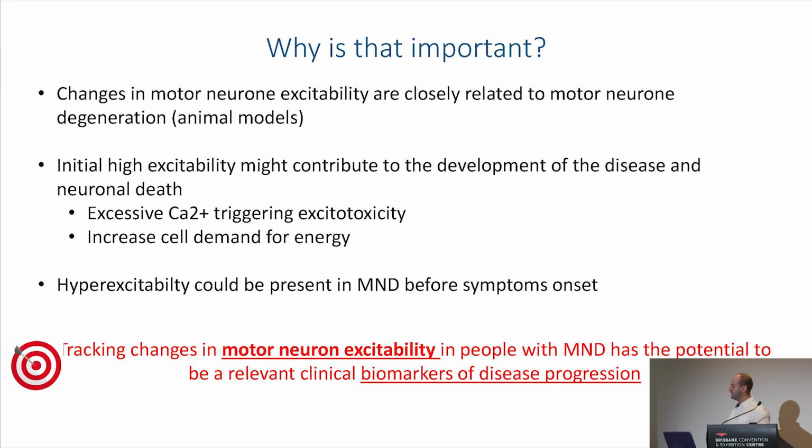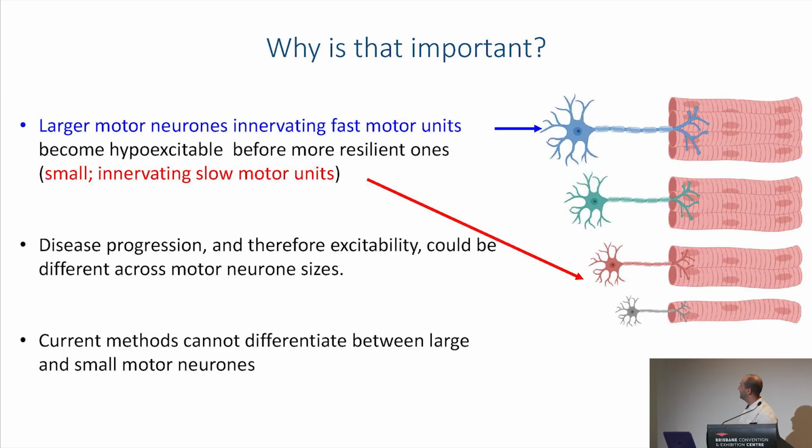So we think that tracking changes in motor neuron excitability in people with MND has the potential to be a relevant clinical biomarker of disease progression. If you can find that early on, then you might be able to identify people at risk earlier, and also be better able to track the progression of the disease.